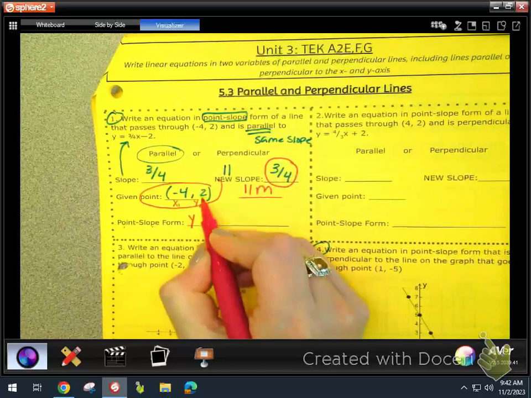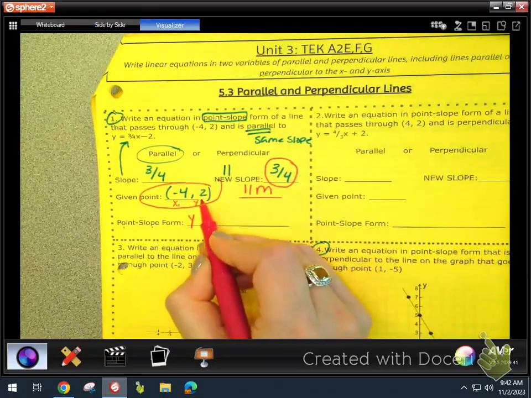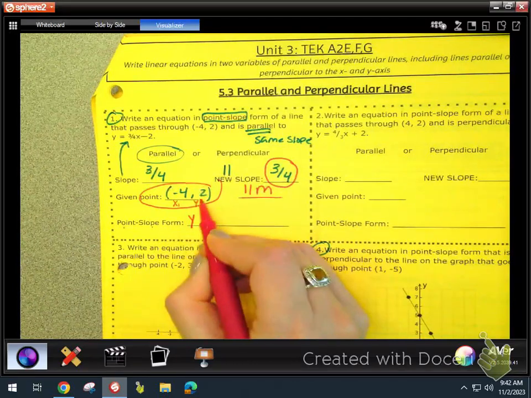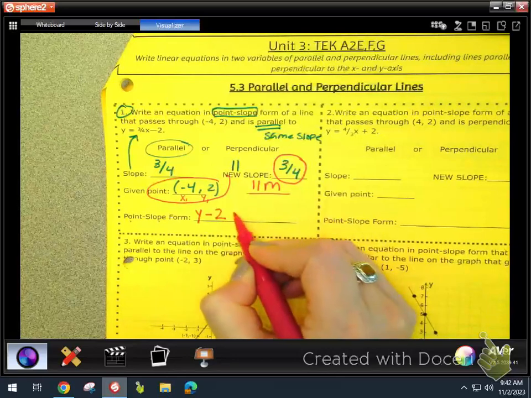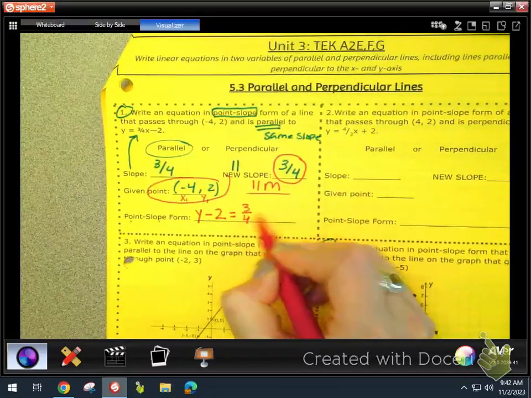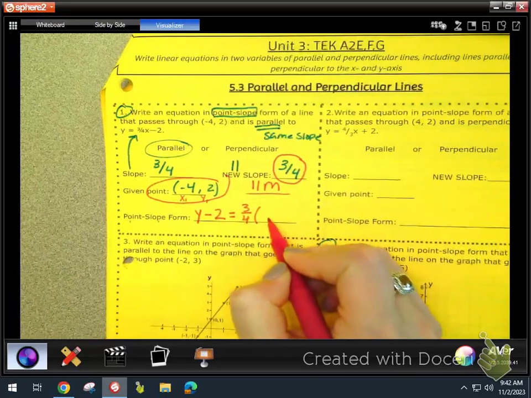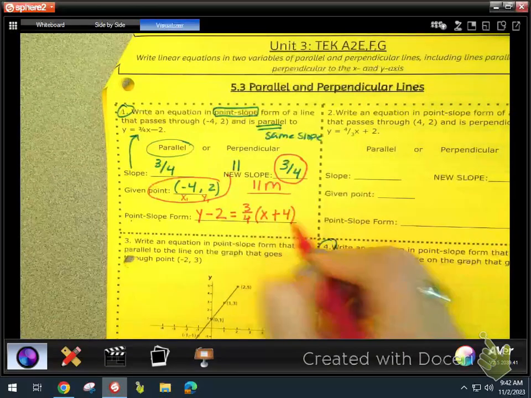The y value of the point that I want to go through is what? 2. So I'm going to write y minus 2 equals, what's my parallel m? 3/4 times x plus 4. Excellent. And we're good.